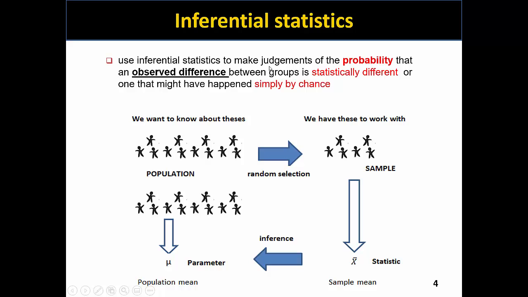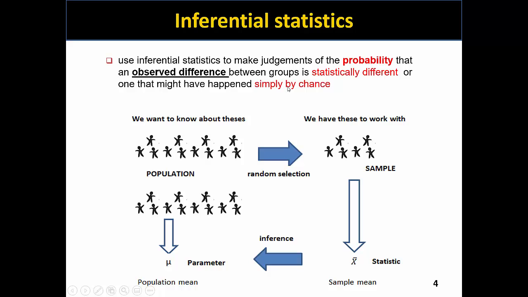But we can't make a perfectly certain conclusion. Our conclusions are based on the notion of probability, that the information generated, for example, between groups is statistically different. And this is what we'll expand upon in this unit, or a difference that would occur simply by chance.